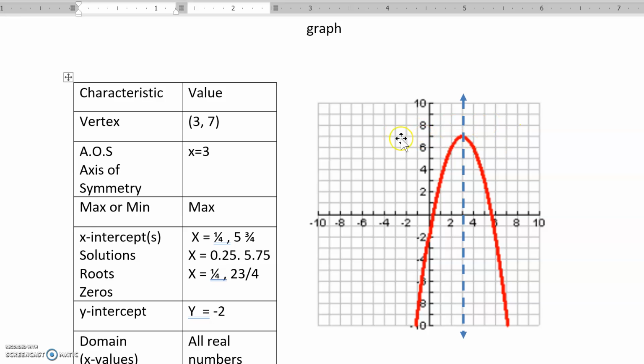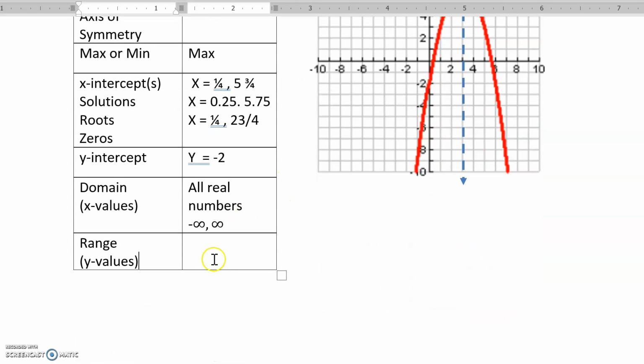You can see that the red line does not go past the y value of 7. So that's the top point of this graph, but it exists everywhere else below that forever and ever. So our y values are going to be y less than or equal to 7.